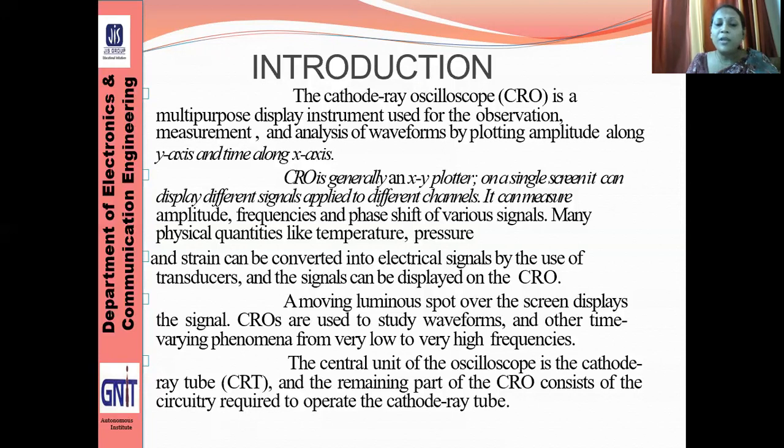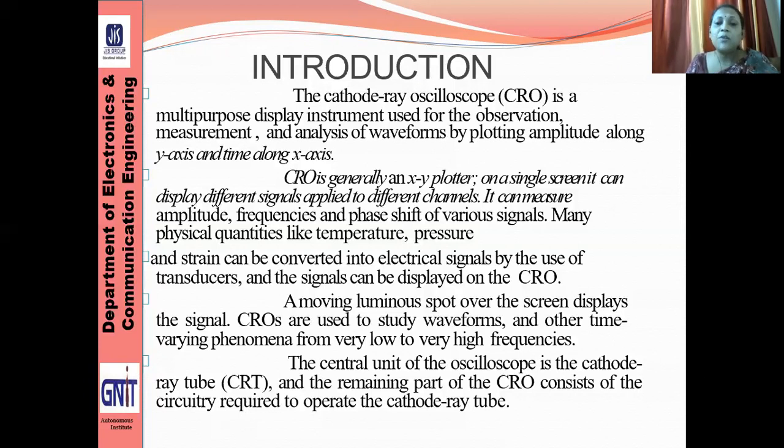Actually, a moving luminous spot over the screen displays the waveform in the CRO. CROs are used to study waveforms and other time varying phenomena from very low to high frequencies.